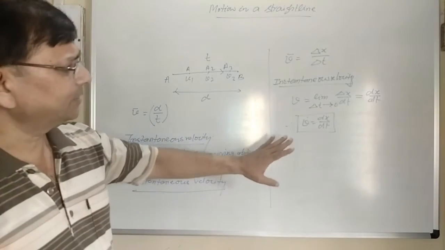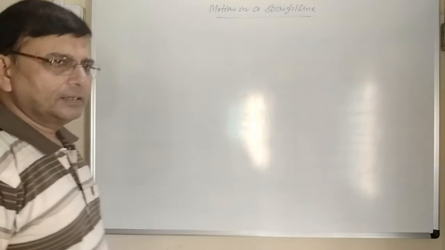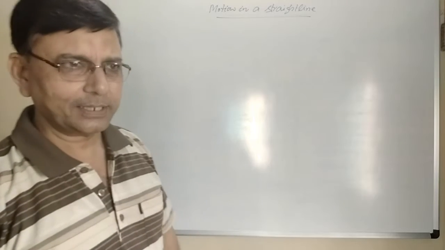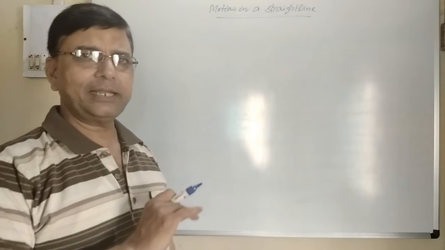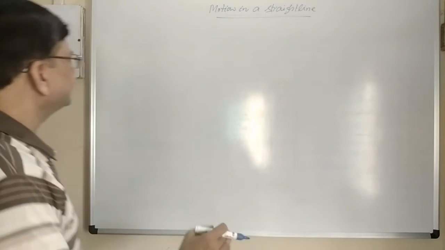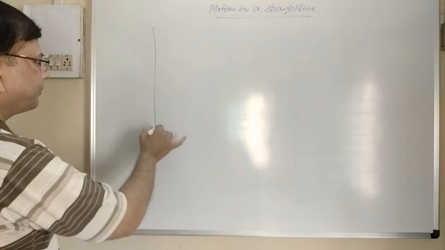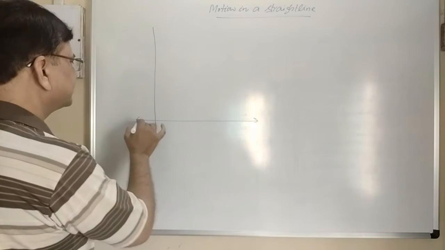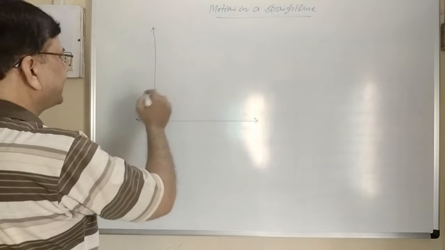So we will deal with the geometrical interpretation of this instantaneous velocity. We have discussed instantaneous velocity, and I will tell you how it is interpreted geometrically. Suppose we have plotted the displacement time graph.